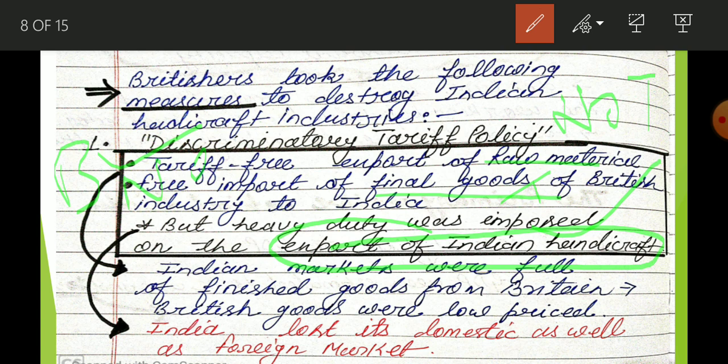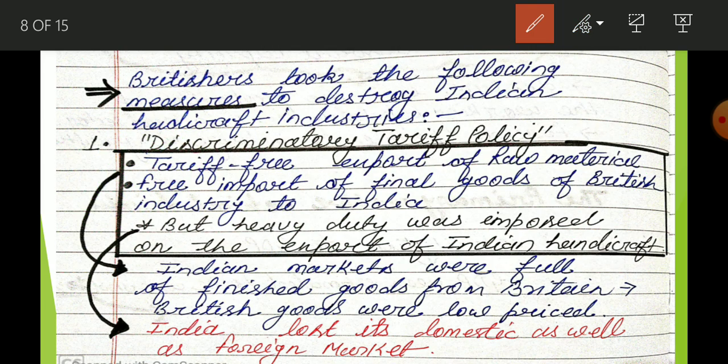Okay, so this is known as a discriminatory tariff policy. Because of this discriminatory tariff policy, we find two things.